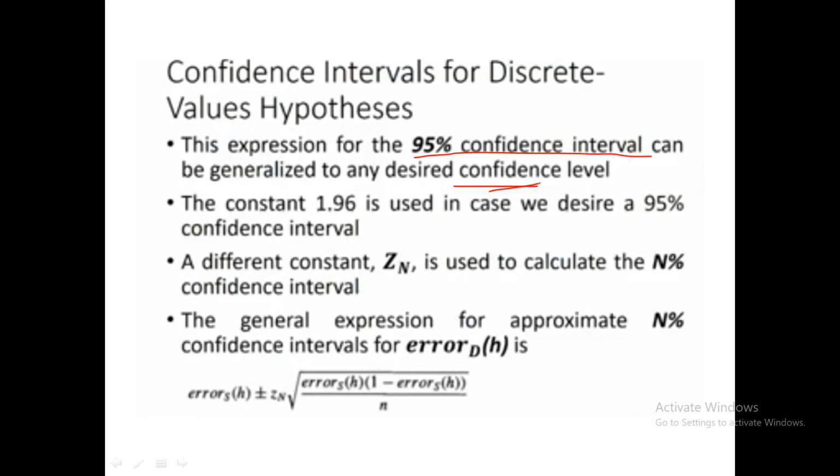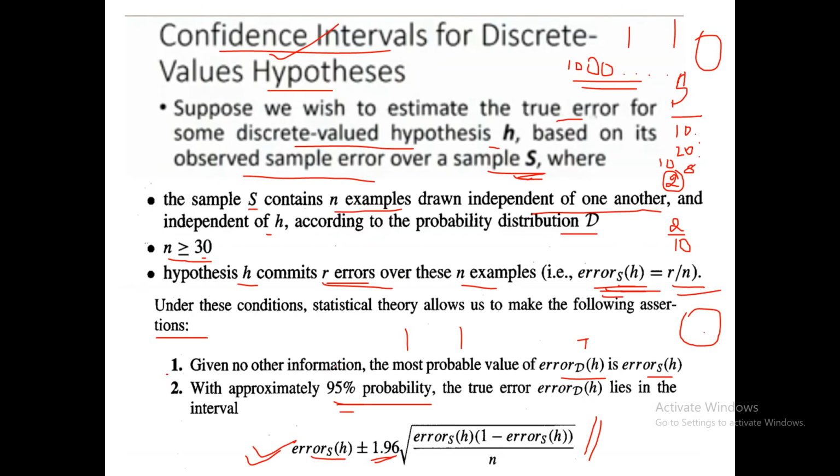How can you generalize it to any confidence level? When it is a 95% confidence interval, you multiply with a constant 1.96, right? If it is 80%, this value will change. If it is 60%, the value will change. If it is 98%, the value will change.